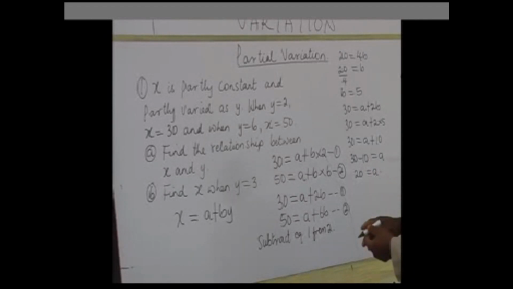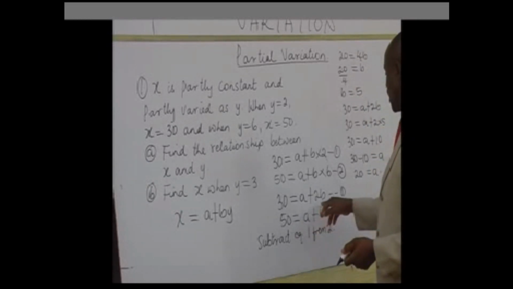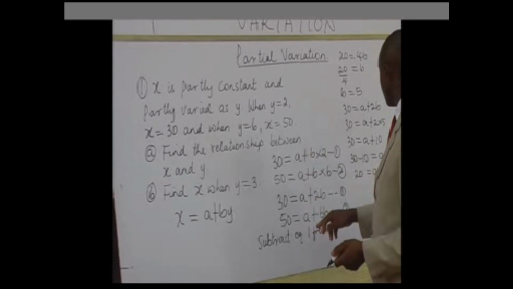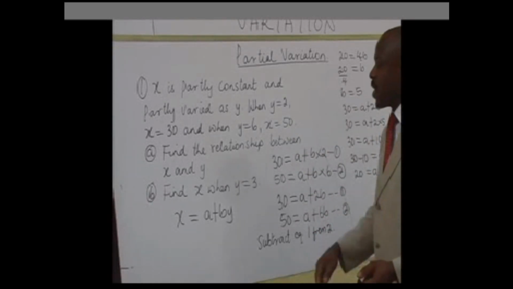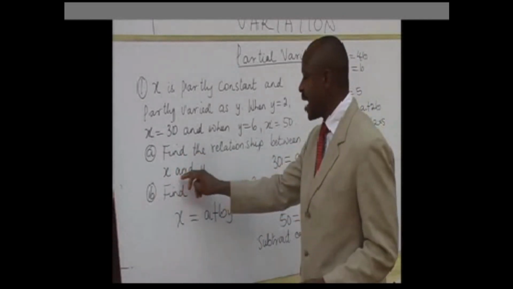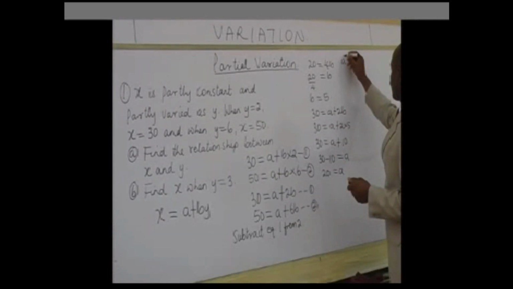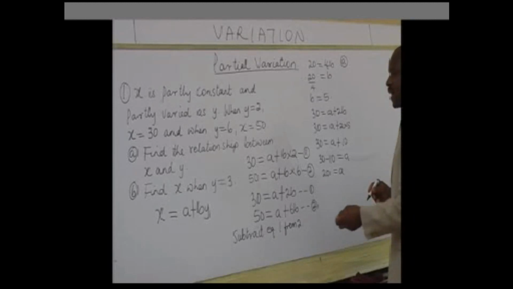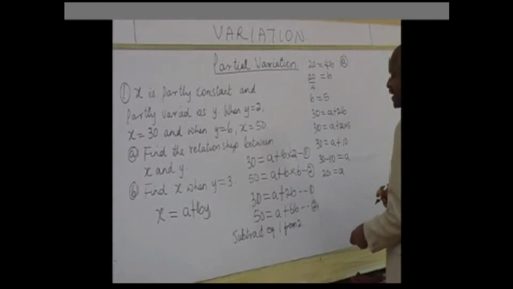Now that we have discovered that A is 20 and B is 5, we can now answer question number A, which said that we should find the relationship between X and Y. Let's get back to our equation.